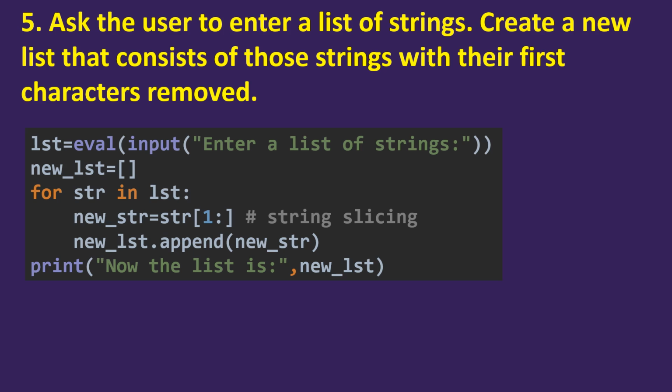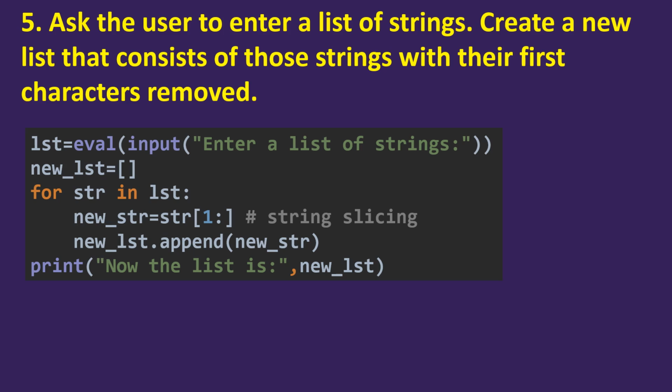This is string slicing done over here. It will store all the characters present starting from index number 1 till the end of the string. That means the character at index number 0 is not included. So obviously new_str will store the particular string where the first character is removed.